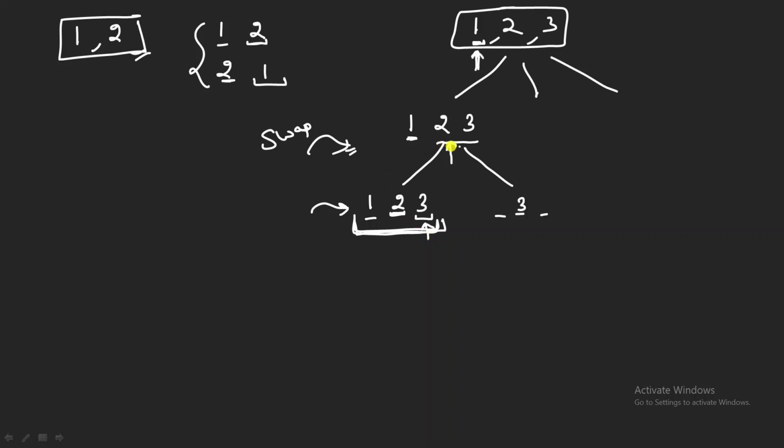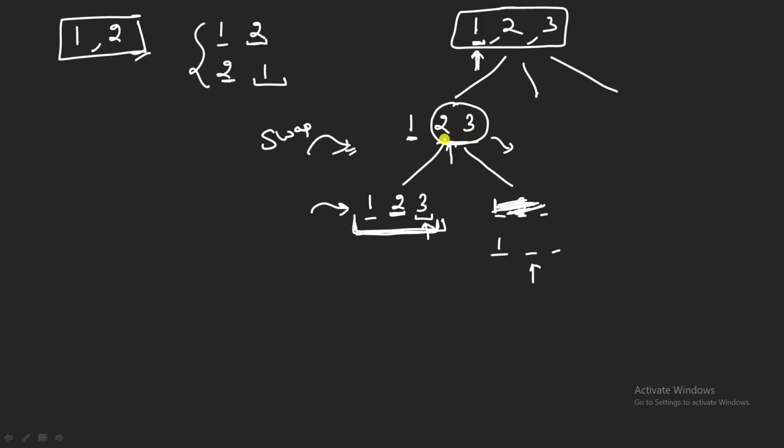Now I will go again and come in this direction. As I told you previously, here 1 was fixed. Now we are concentrating on what can come at the second position. In the previous direction 2 was coming, and we said I am fixing 2. Now here 1 we are not touching, so I can fix 3.